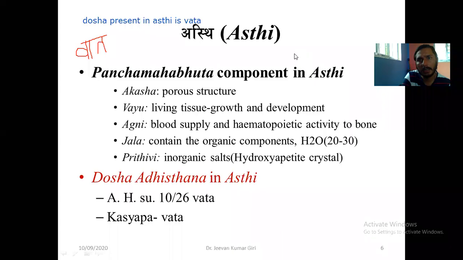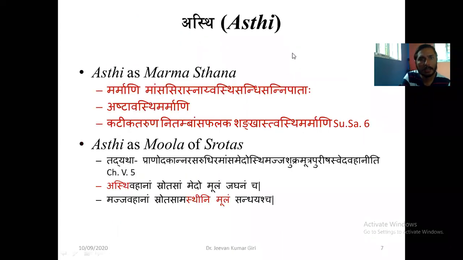Now see here. Asthi as a Marma Sthana. Marma means they are the vital points. If any injury is there in that particular area, the person may feel very severe pain, or he may die after some time, or he may become disabled.